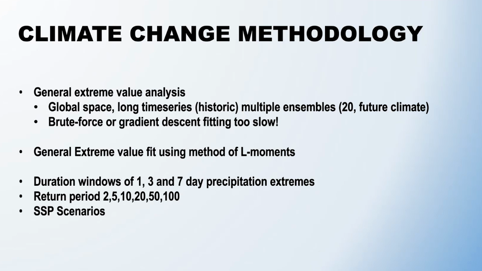We feel that's a little bit of a shallow look at the effects of climate change on extreme precipitation. I'll show you in a bit what some of the main outputs are that are different.